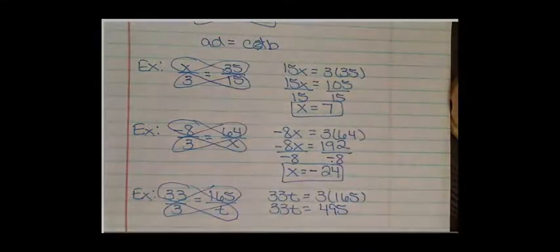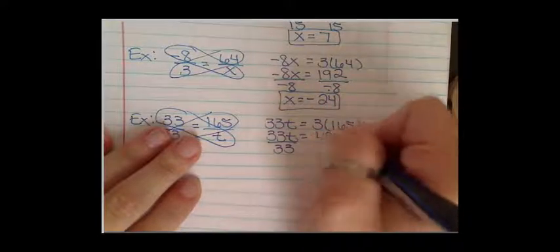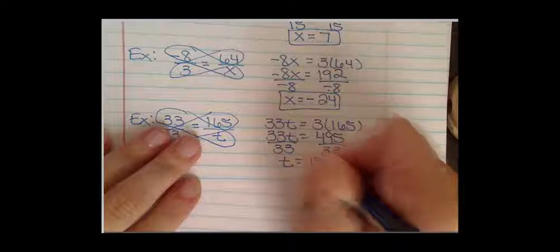So I need to divide both sides by 33 to get my t by itself. And that'll leave me with t equals 15. So that's how you use cross multiplication.